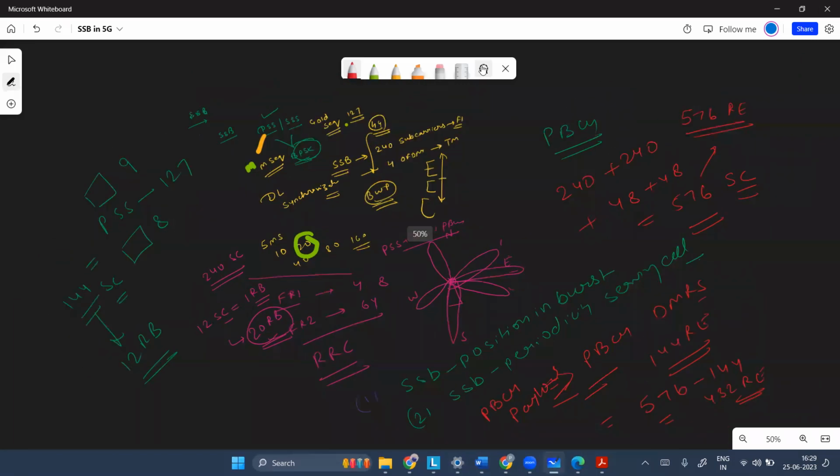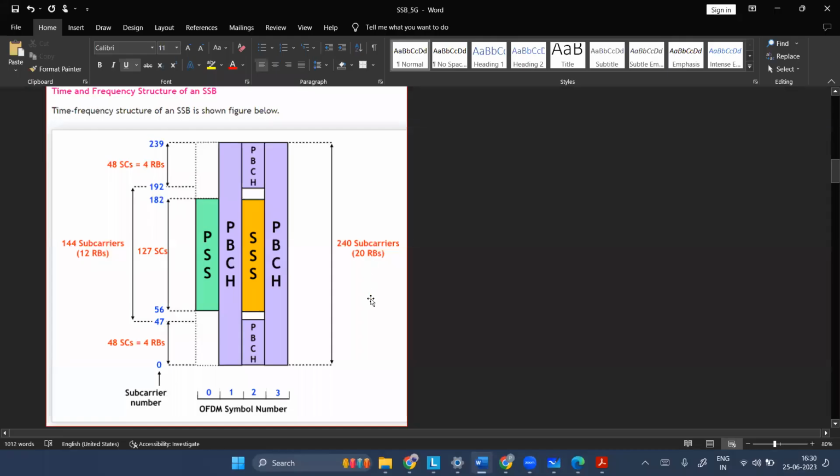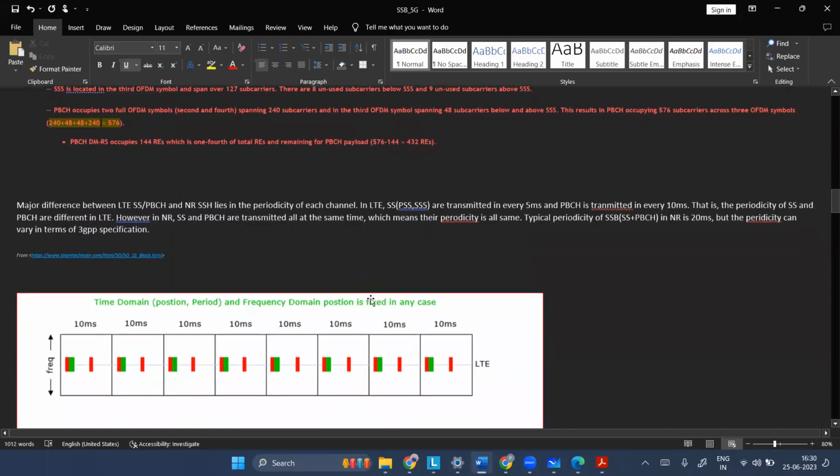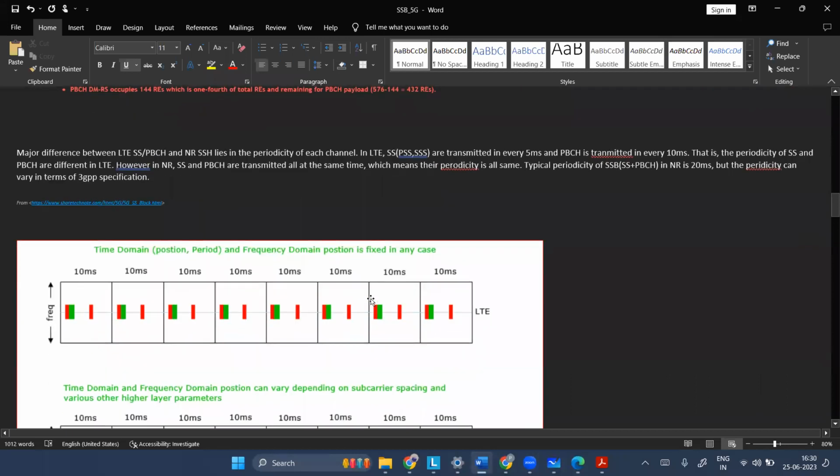Coming towards the next part, now we talk about the major difference between LTE and 5G in terms of SSB. The major difference between LTE SS/PBCH and NR SSB lies in the periodicity of each channel. This diagram represents LTE. Time domain position, period, and frequency domain position are fixed in any case.